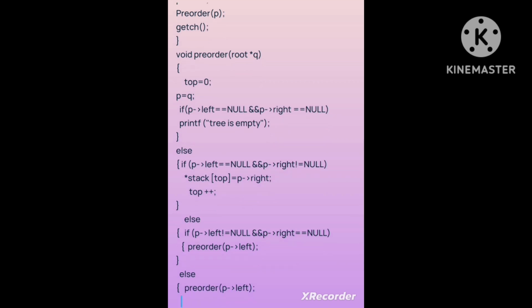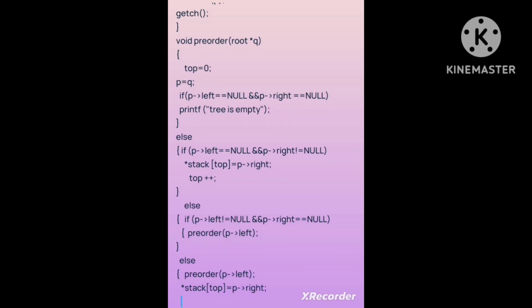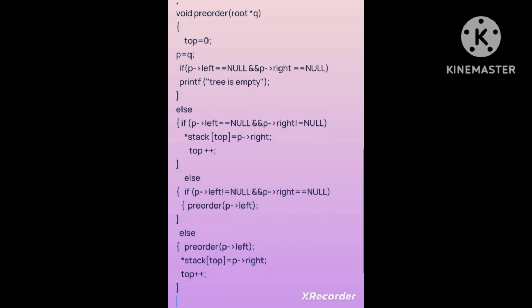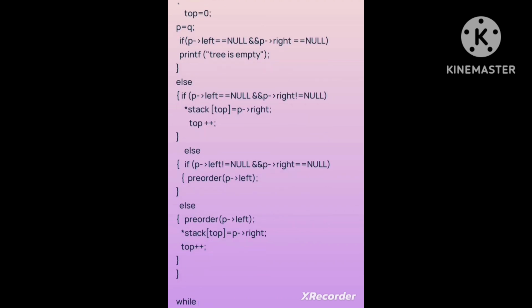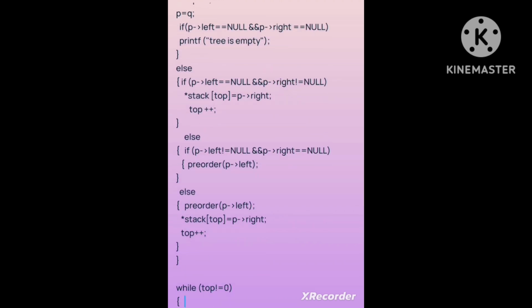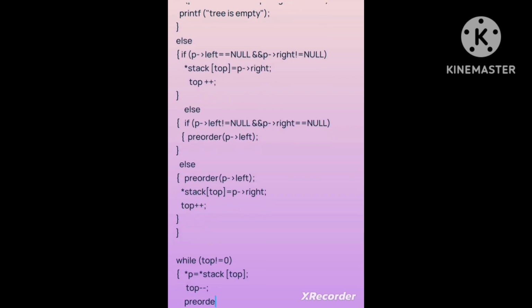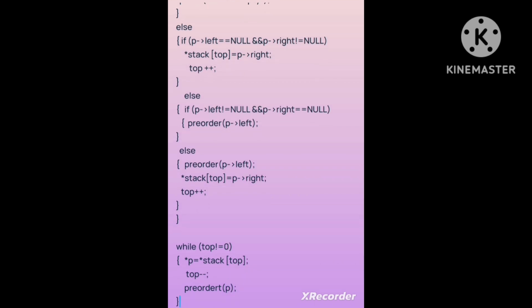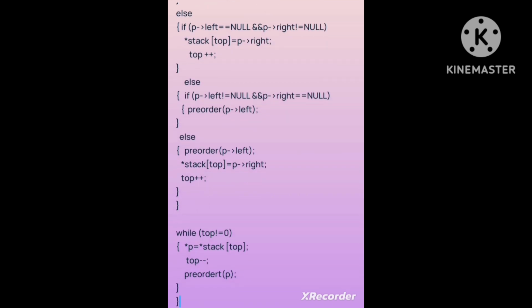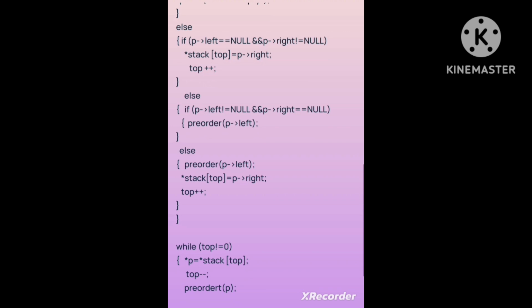In the second case the right pointer or the right child has the null value, then we have to do the pre-order traversal of the left subtree. Otherwise, the last case is that both the left and right subtree do not have the null value. Then in that case we have to just traverse the left subtree and put the right subtree onto the stack.